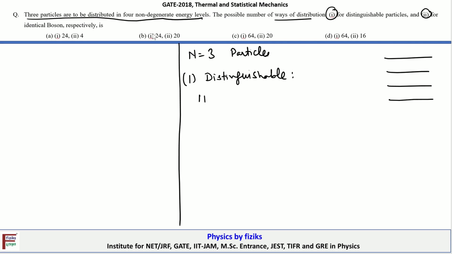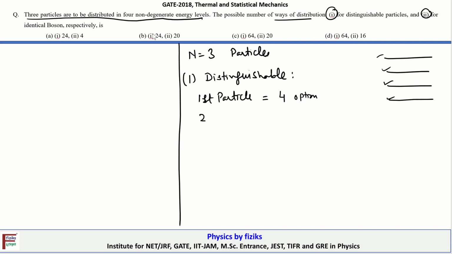It has 4 different options to be in any of the energy levels. It could be in the first energy state, or the second, third, or fourth. So the first particle has 4 options.